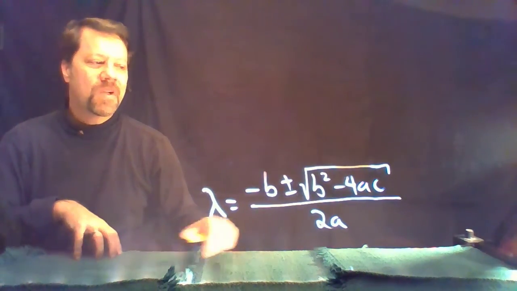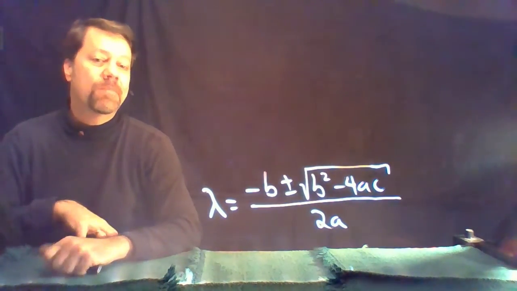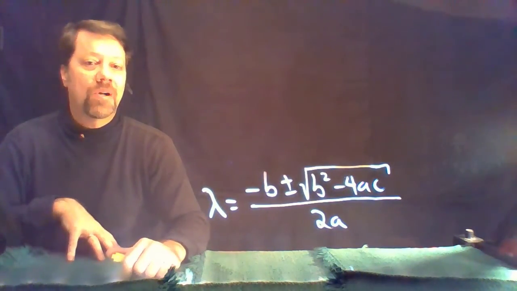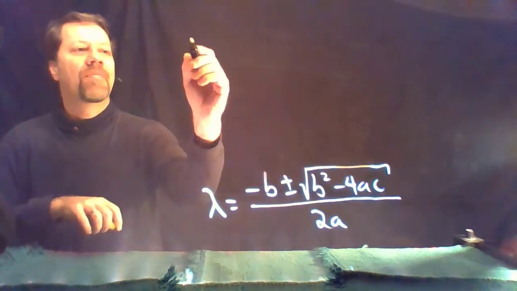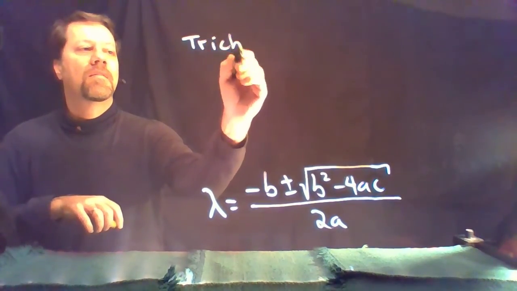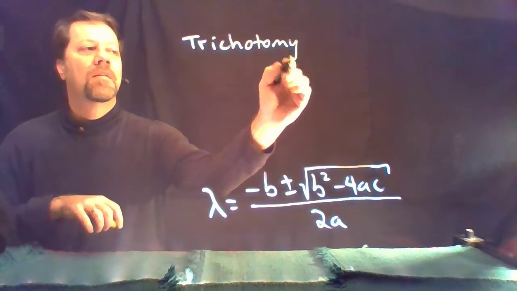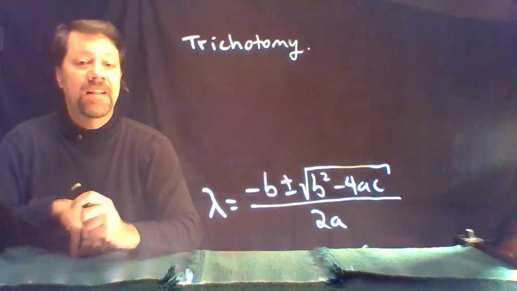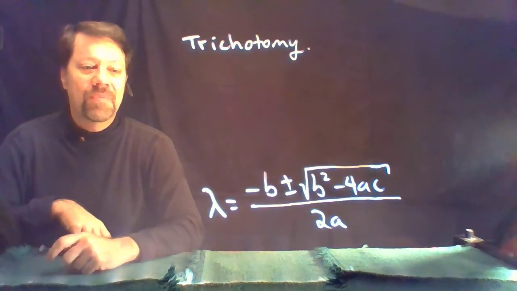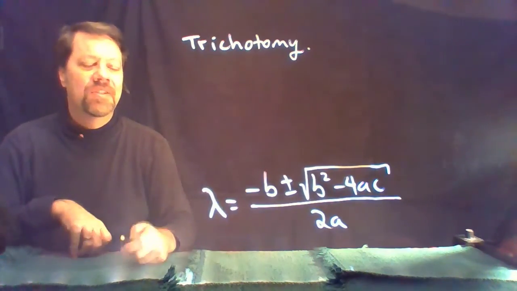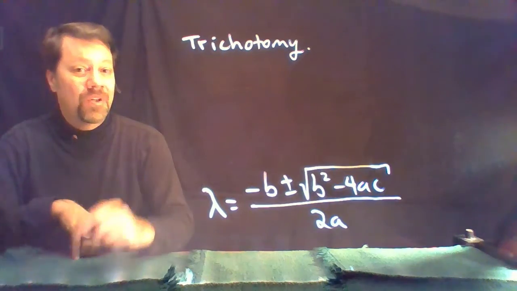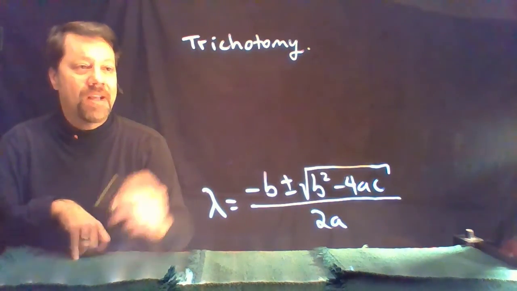In our theory, we're going to assume that a, b, and c are real numbers. However, there's a principle about real numbers called trichotomy. Every real number is either positive, negative, or 0. That leads to three cases with respect to these second-order linear constant coefficient homogeneous ordinary differential equations.